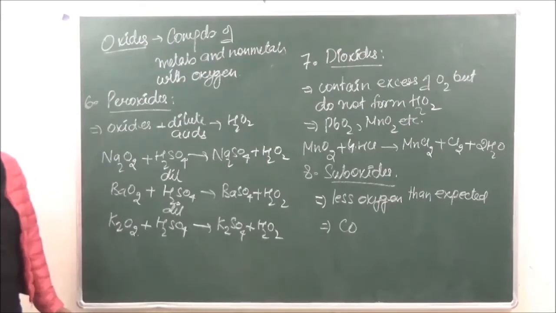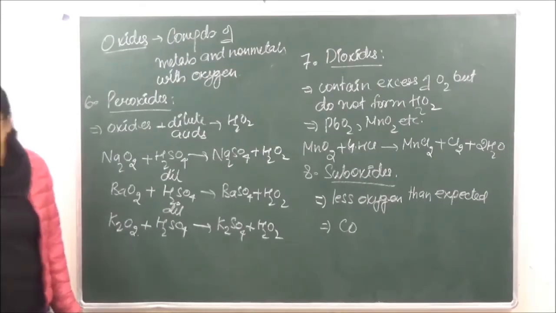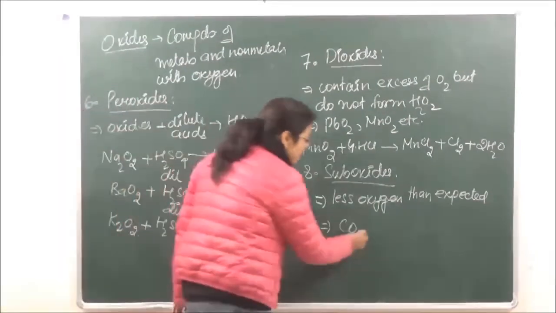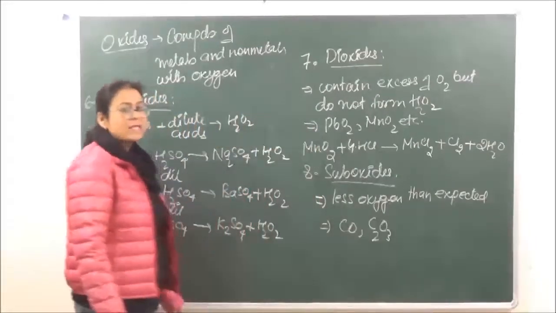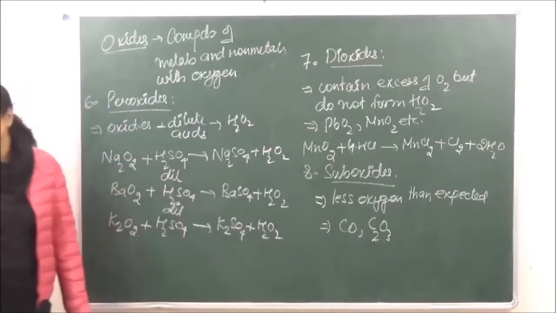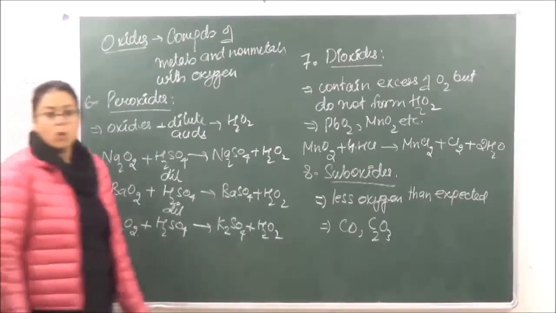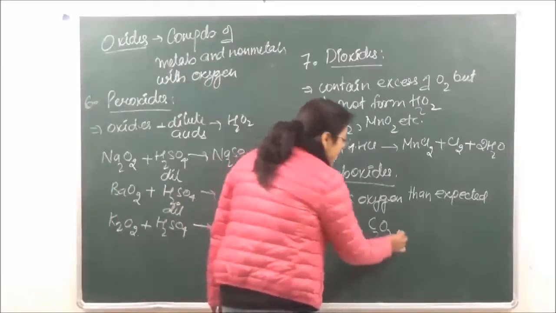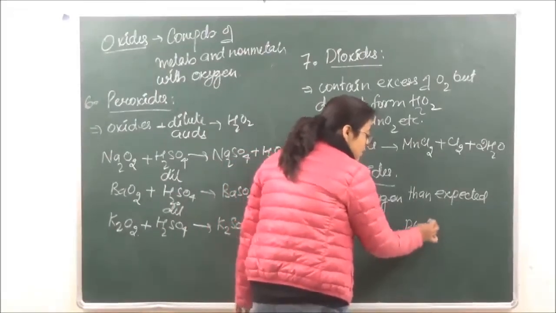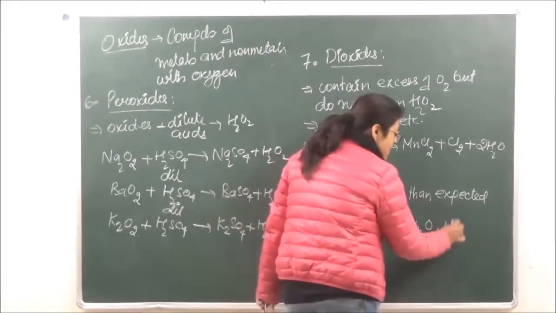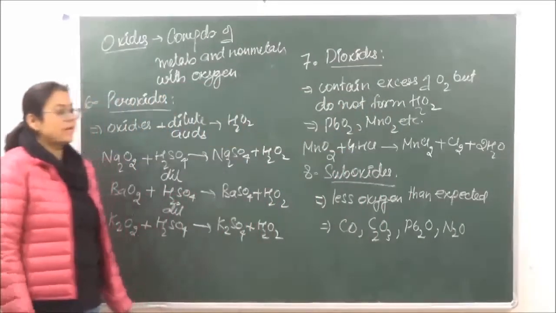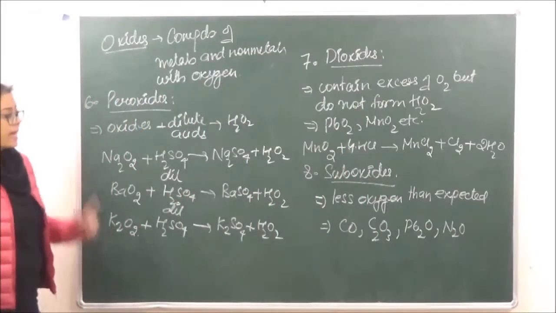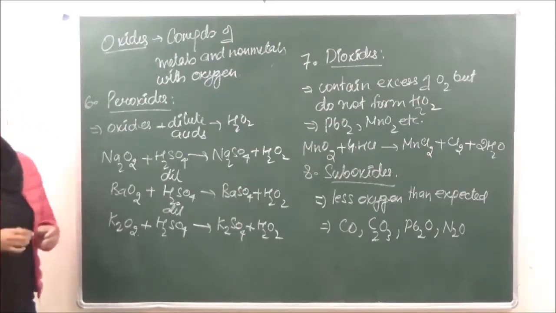Another example is C2O3, carbon suboxide. Then we have Pb2O, that is lead suboxide. And then we have N2O, which is nitrous oxide. So this is also a suboxide. So they have less oxygen than expected.